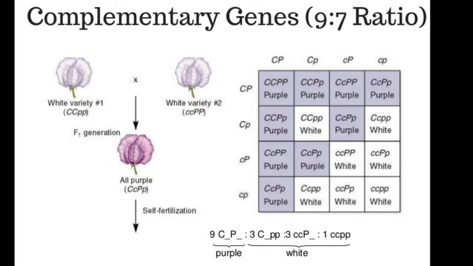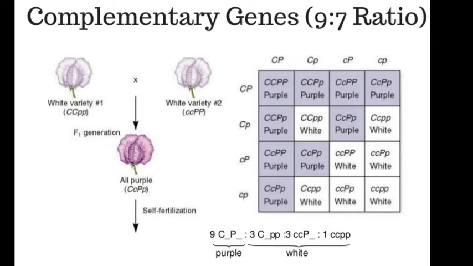Either of these in the recessive state, small c or small p, would not form anthocyanin and hence no color, meaning it is white. So in this case, one of the white flower plants has the genotype capital C capital C, small p small p, and the other small c small c, capital P capital P. It means the offspring of their cross, capital C small c, capital P small p, will develop purple color because both the dominant C and P are present together.